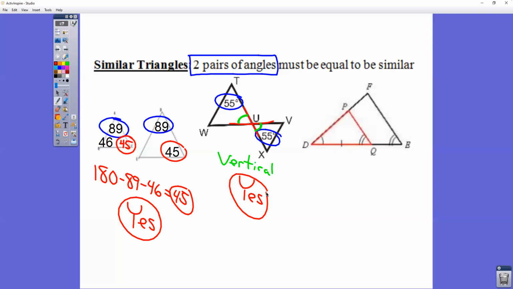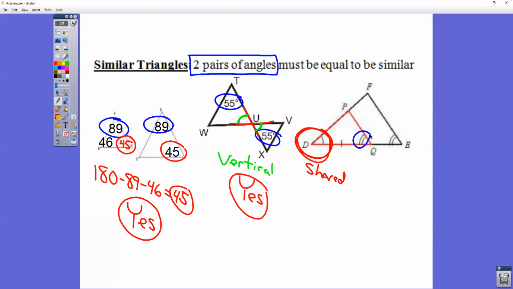Oh, I'm bugging. In the third one, you have a small red triangle and you have a larger black triangle. In this one, when you take a look at this angle right here, this D angle, this is what's called a shared angle. It's part of the red triangle, but it's also the same part of the black triangle. So even though there's only 1 there, it's actually part of both triangles. So that is 1 pair that's the same.